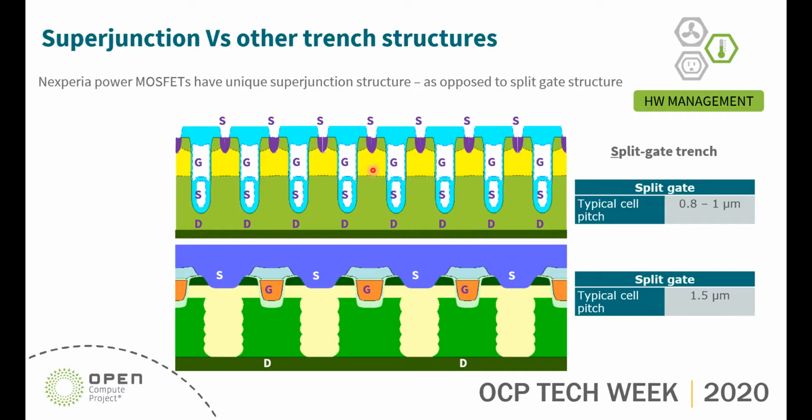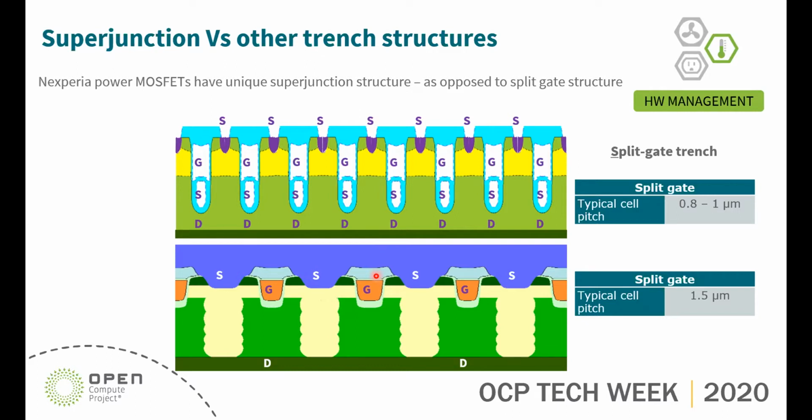I do appreciate that these terms may be too detailed for system level designers, but a split gate just refers to the gate of the channel being split into gate and source, while the Nexperia superjunction hasn't got such a scheme, but it has what we call a superjunction. The difference between the two is that each of them has advantages and disadvantages.